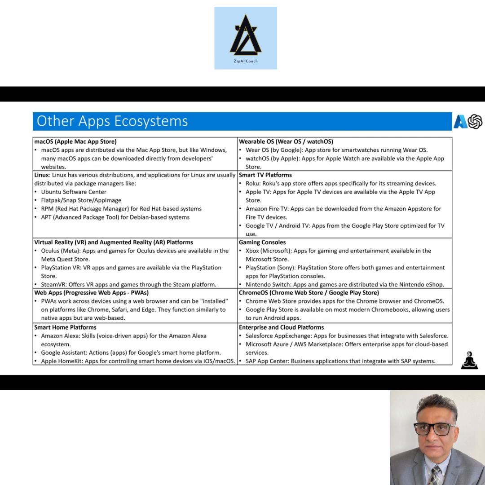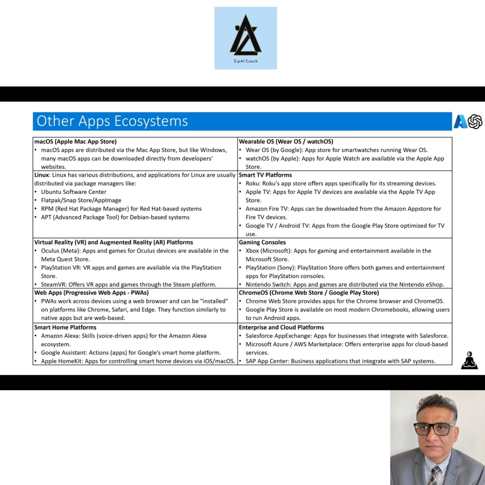There are also other app ecosystems like Mac, Wearable OS, Watch OS, and Linux is an important operating system. You have smart TV platforms, VR and AR platforms, gaming consoles. There are progressive web apps which are not in any app store.